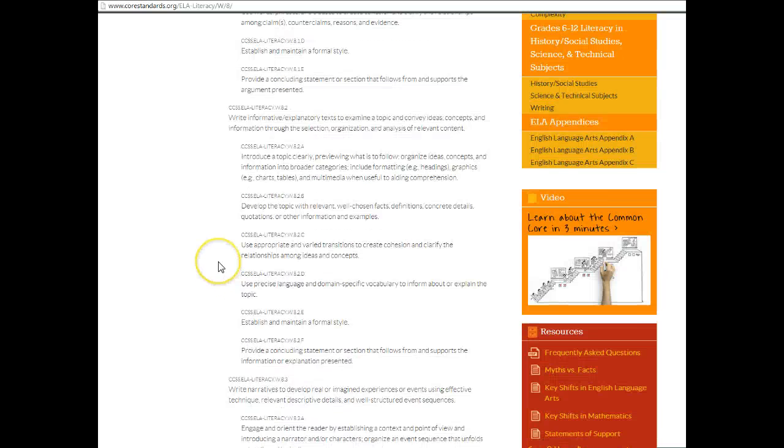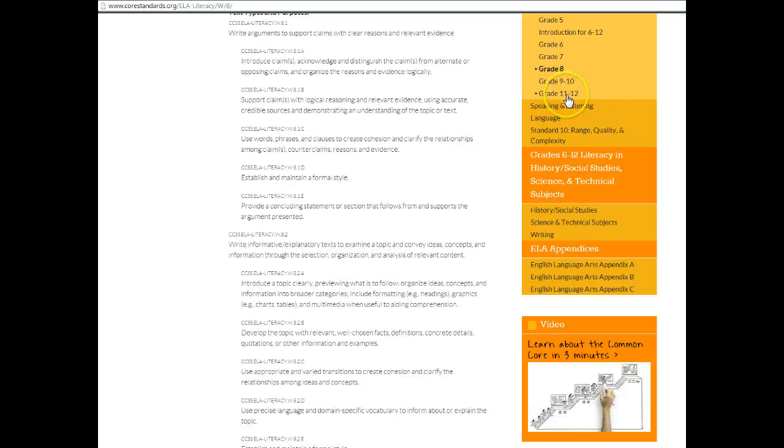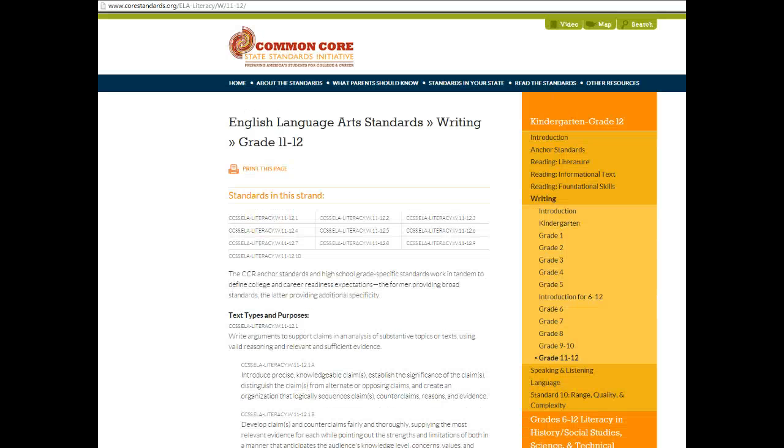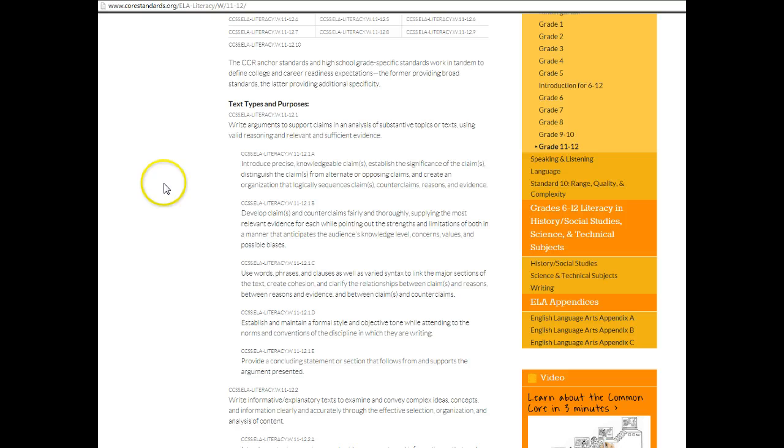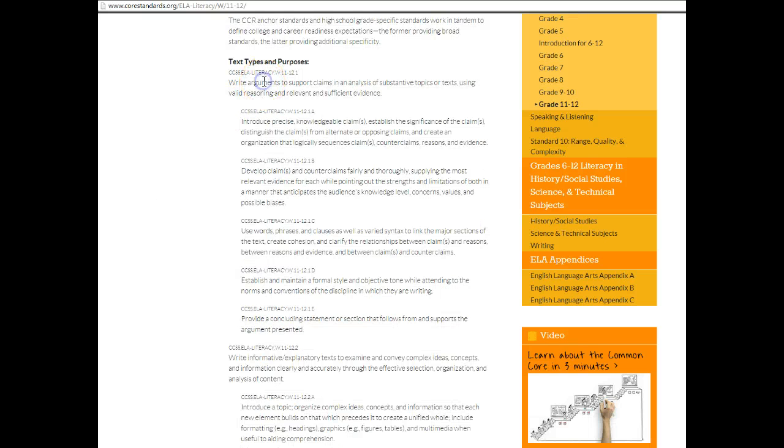And let's take a look at the high school level. At 11th and 12th grade, by the time your student becomes a senior, let's look at the text types and purposes. Again, the three do not change. Here are the argumentative essays, and they are expected to meet these substandards that describe how to write an effective argumentative essay.